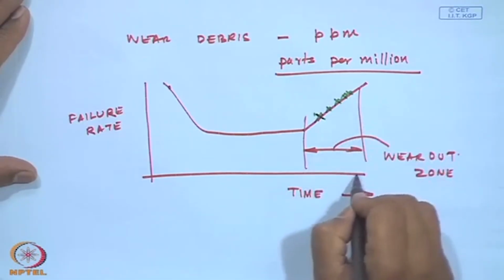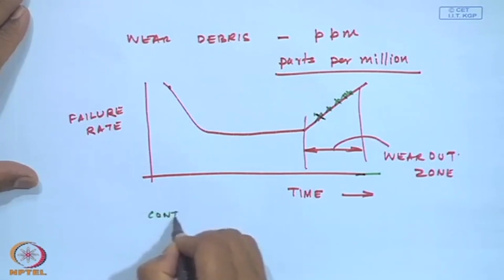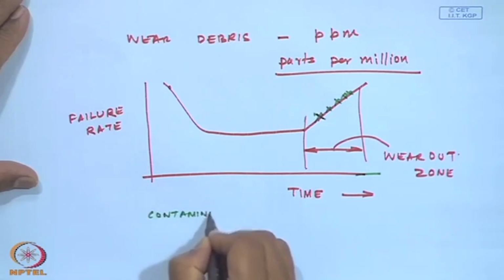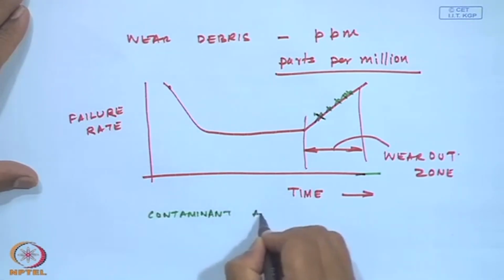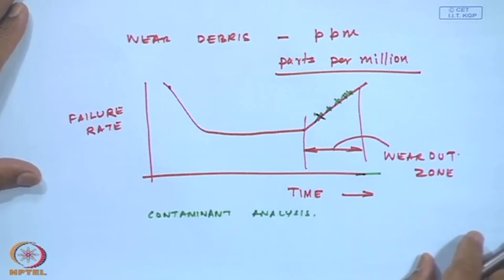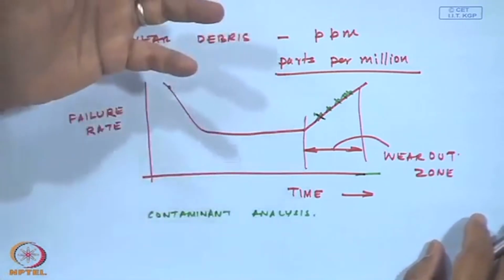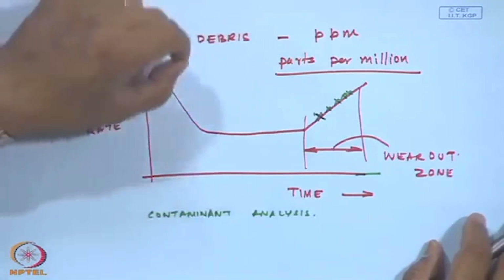So, in the laboratory where you do the contaminant analysis, by the way, this contaminant analysis etc. cannot be done in situ, that means next to the machine. Like when you have vibration monitoring, you just put a vibration transducer next to the machine, record the signal, do an analysis and tell where the fault is.